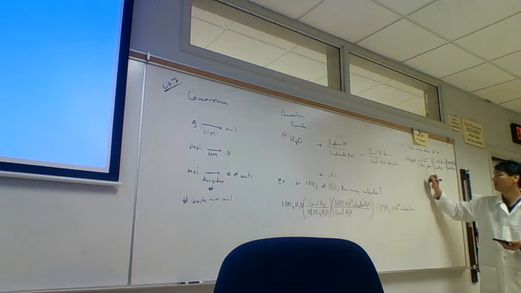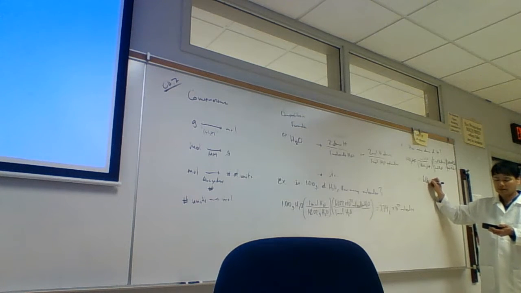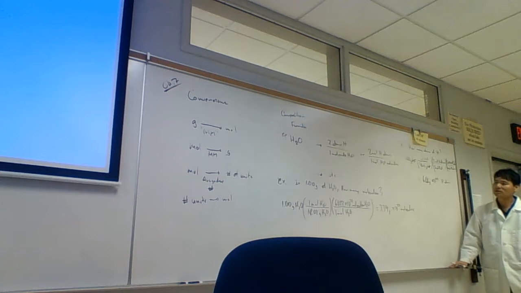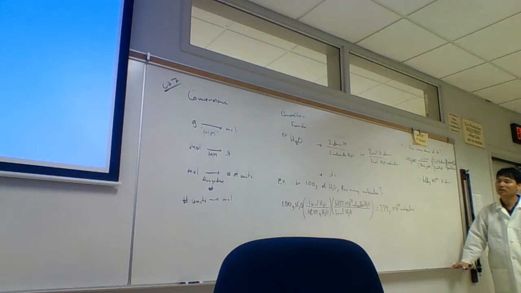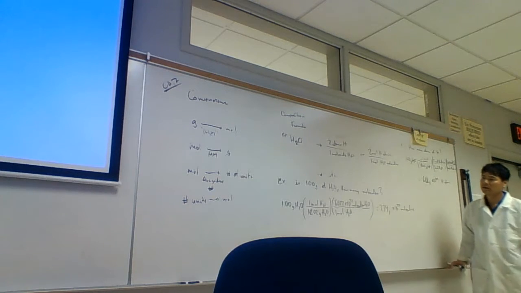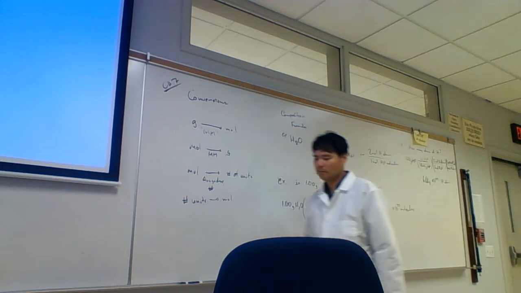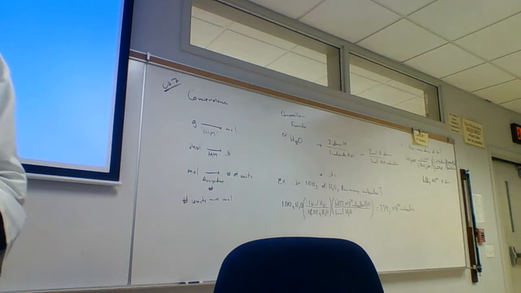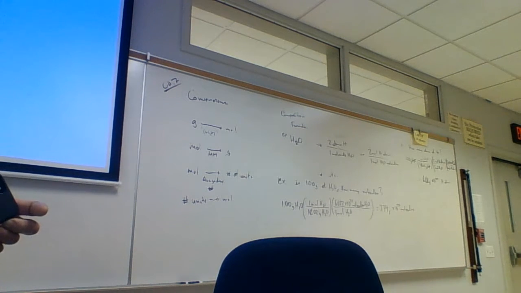This gives us 6.68 times 10 to the 22nd H atoms, etc. So we could do other calculations. We could figure out how many oxygen atoms are in a gram, that type of thing, or given the number of grams, we can branch off in a lot of different directions.